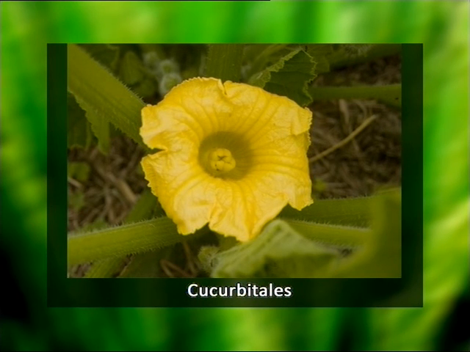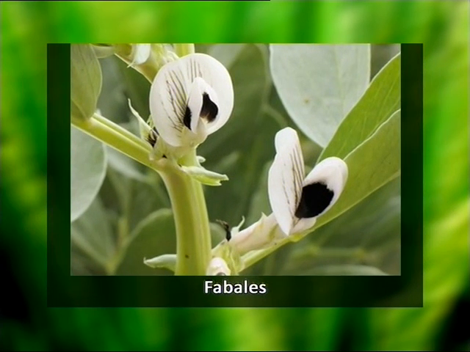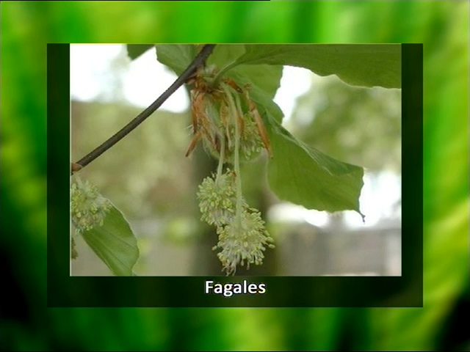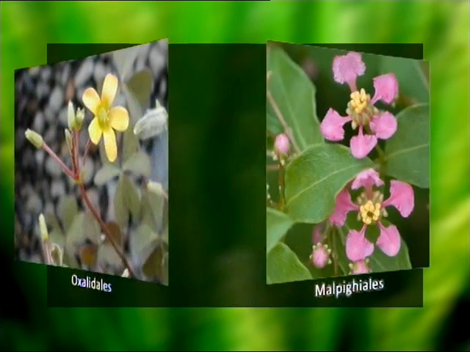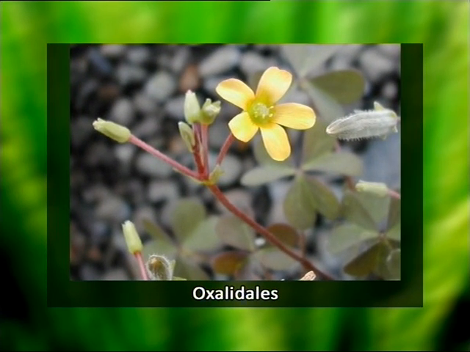It is an order wherein we have some plant taxa which we use as common vegetables. Then followed by fabales. Fabales is an order wherein we have the legumes. Followed by fagales. This fagales order is followed by malpighiales, which is followed by oxalidales.